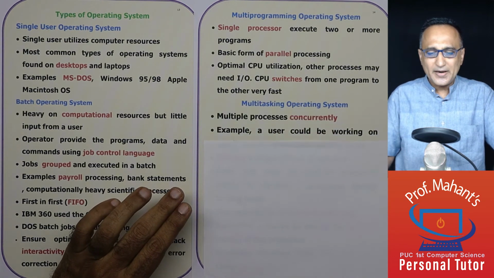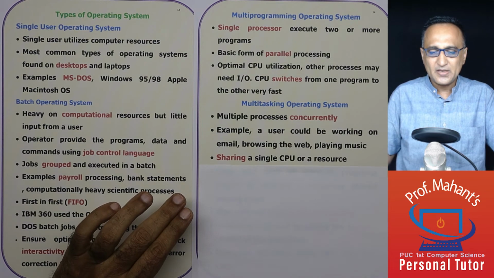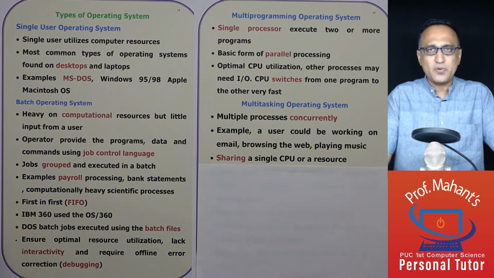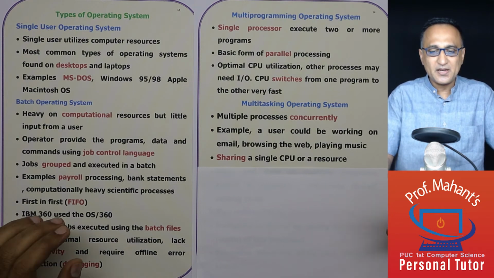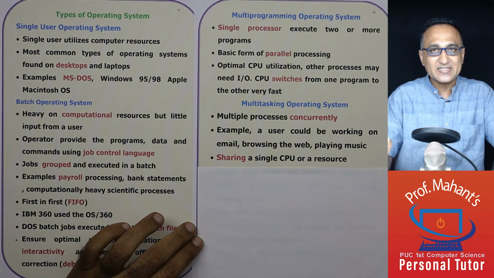Now let's take a look at what is a multitasking operating system. The user could be browsing the web, working on a Word document, working on an Excel document, listening to background music, watching a video parallelly, checking his email, and so on. So all these are examples of different tasks.